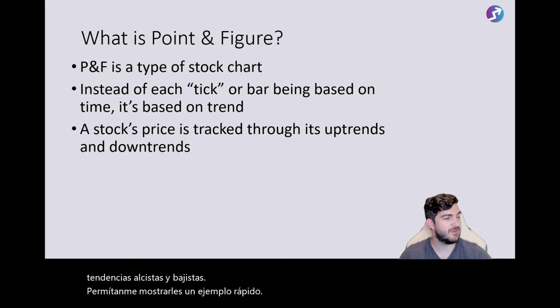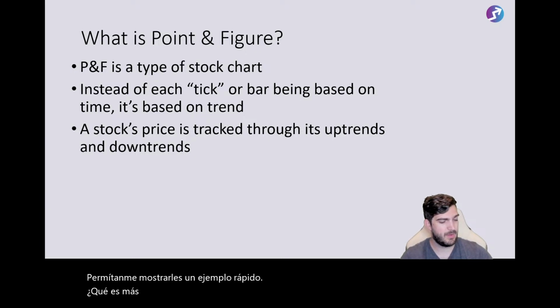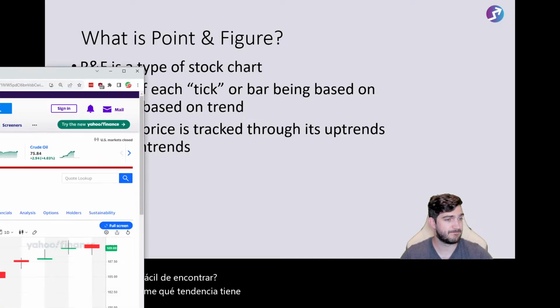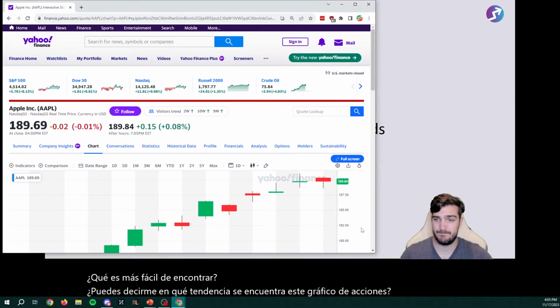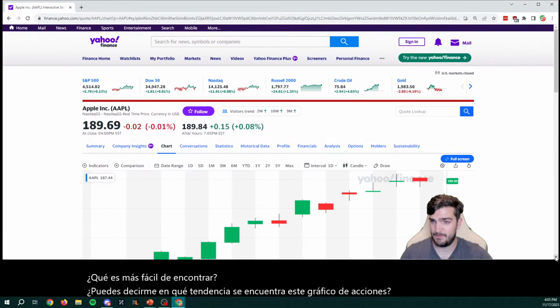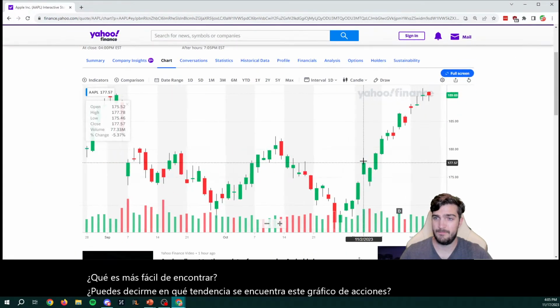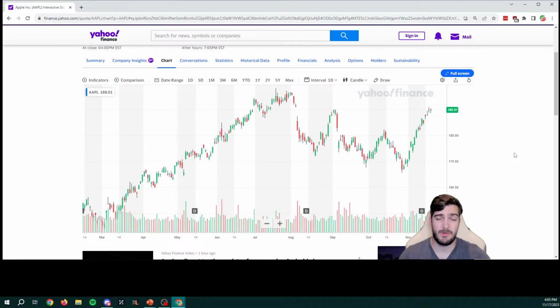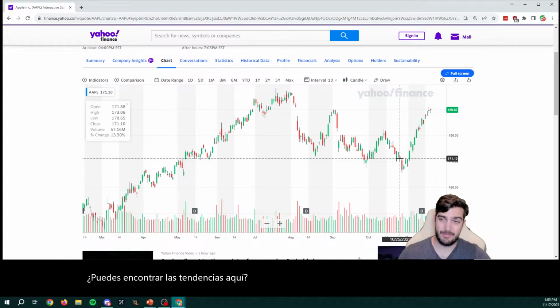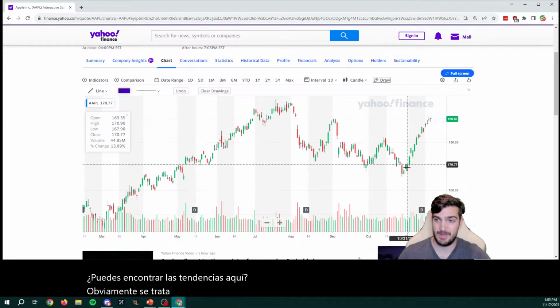What is easier to find? Can you tell me what trend this stock chart is in? Can you find the trends here? Obviously, this is a pretty clear uptrend, right?